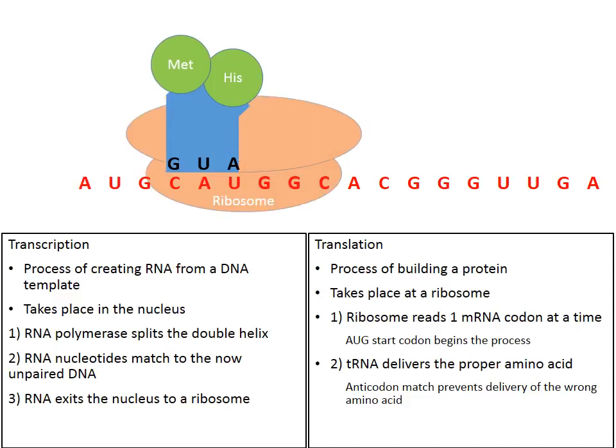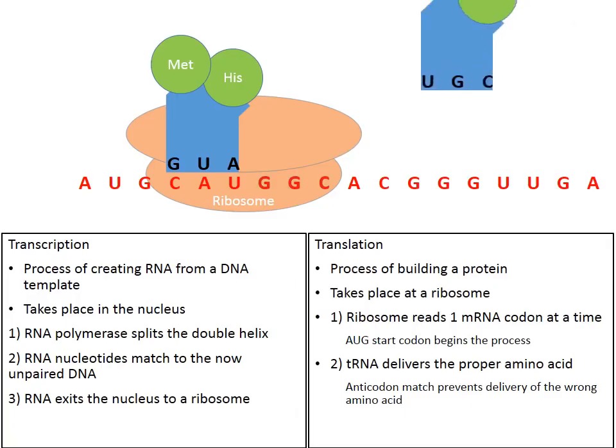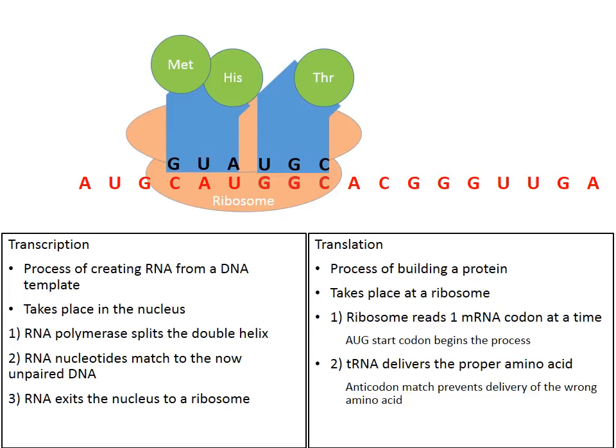Notice what just happened. The ribosome moved down 1 codon. GGC is now flashing. tRNA is going to bring over the proper amino acid. But how do I know what the proper amino acid is? I look on my chart. I find GGC. That's the code for glycine. Transfer RNA is supposed to deliver glycine. So here comes transfer RNA. Oh no, it's not delivering glycine like it's supposed to.